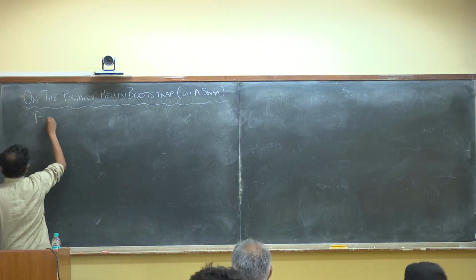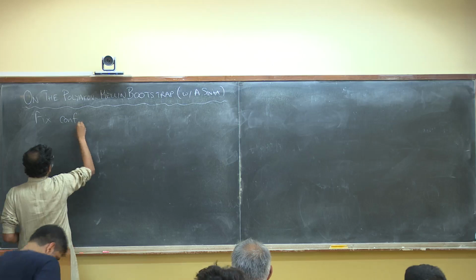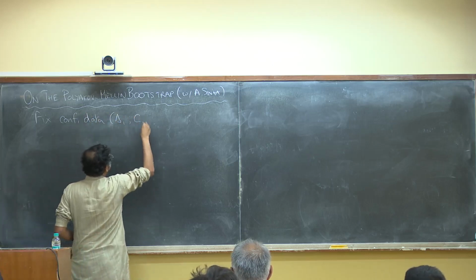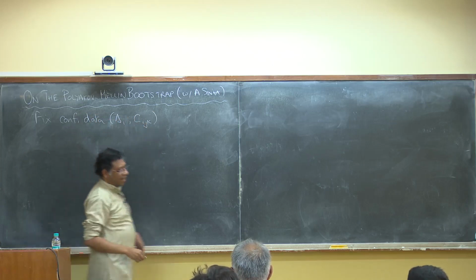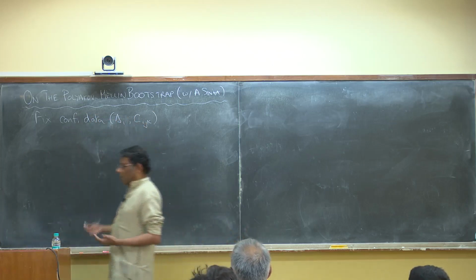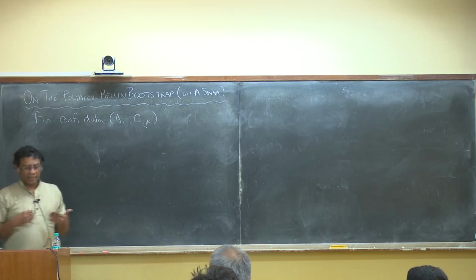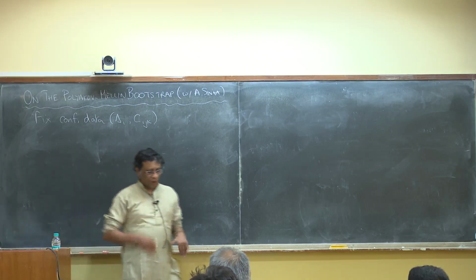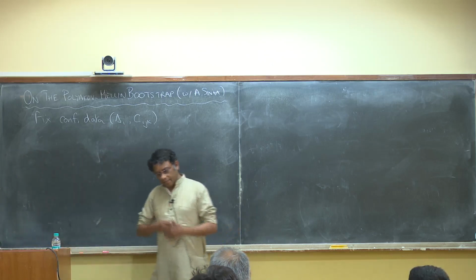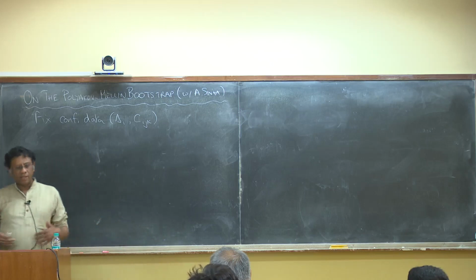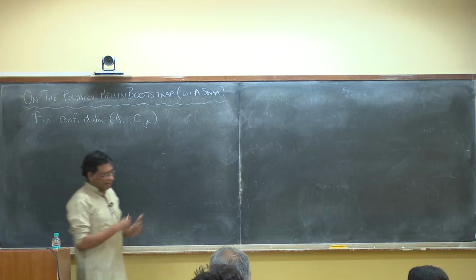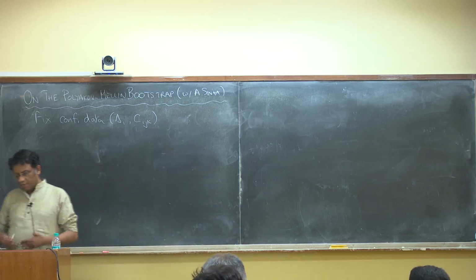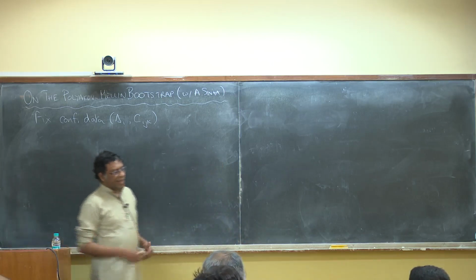So the goal is, like in all bootstrap, to fix the conformal data, which is the spectrum and all the 3-point functions. The only question is, what are the constraints that you apply to fix this? In the conventional bootstrap, you use crossing symmetry, but the consistency with the OPE is manifest because you are expanding in the operator spectrum in terms of the conformal blocks with the right operator dimensions in each channel.